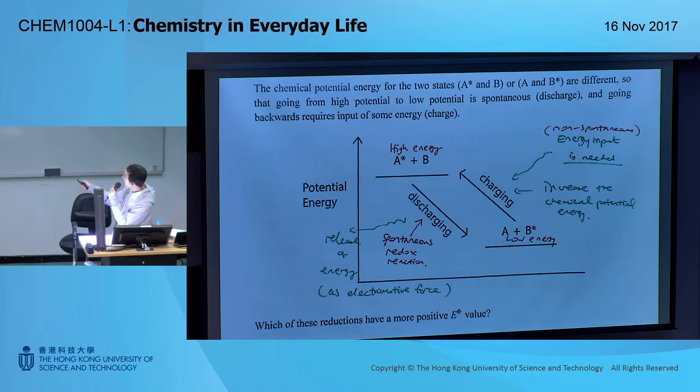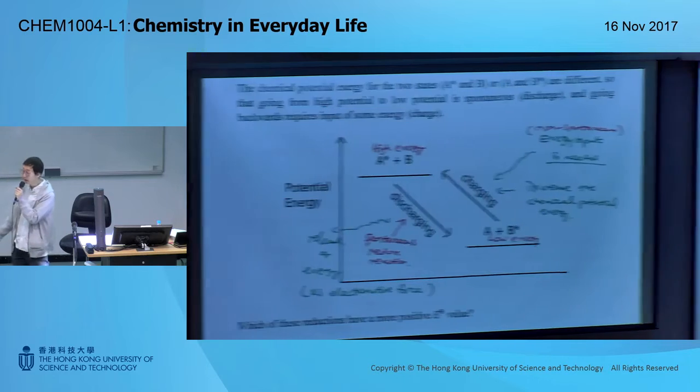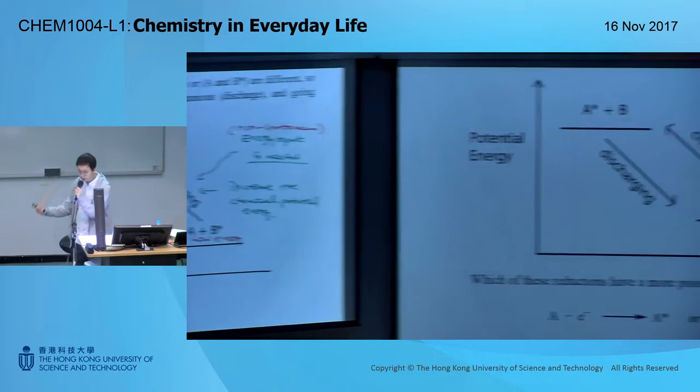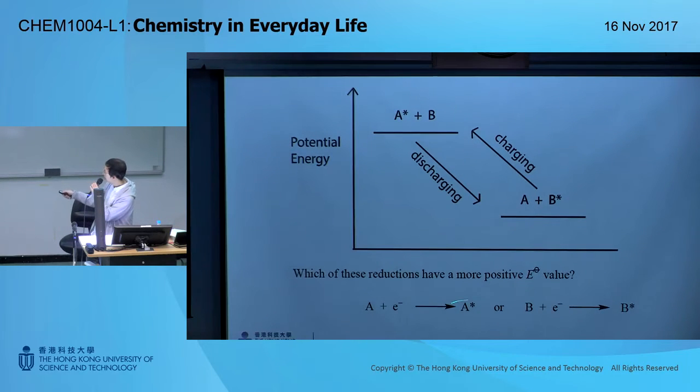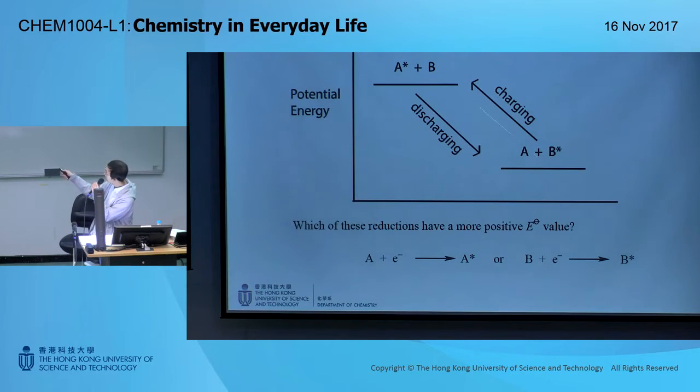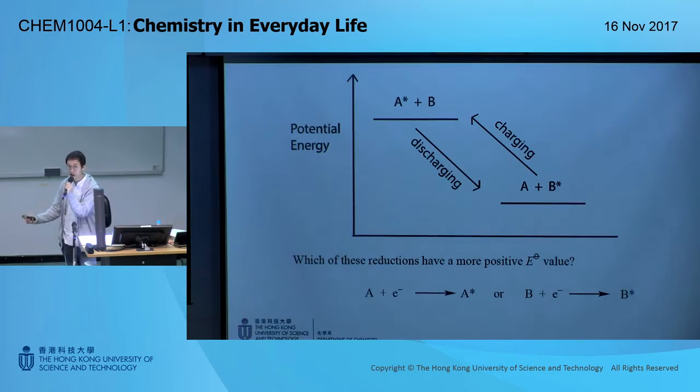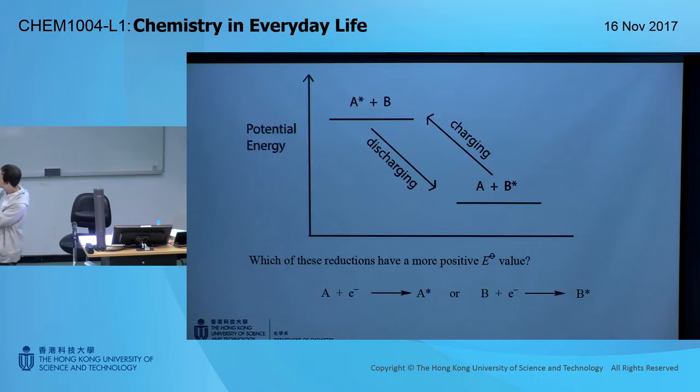So looking at this graph, the question I ask you is which of these reductions would have the more positive E value? Remember, more positive goes forward naturally. So if we think of these two reduction reactions according to this one, which of them would be more positive? Which one would go forward spontaneously? We can answer this question very easily because we can see that the spontaneous direction is to go from the high energy to the low energy.